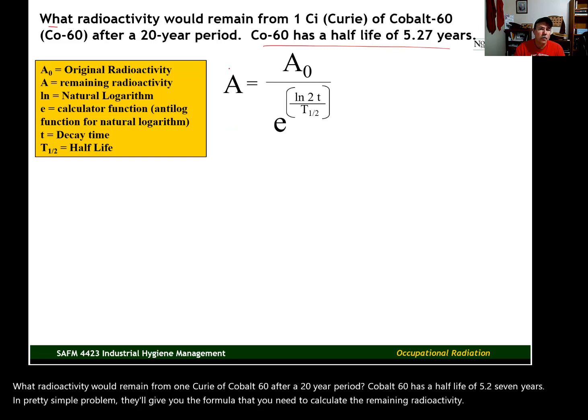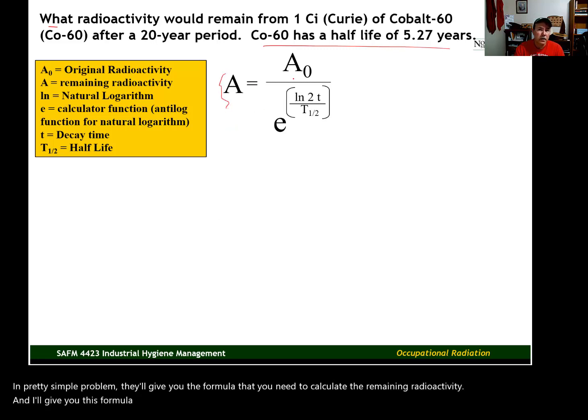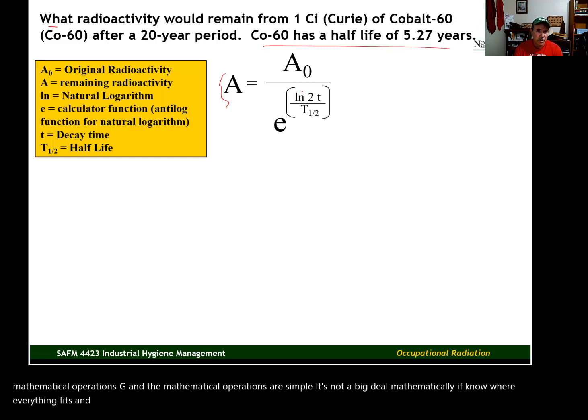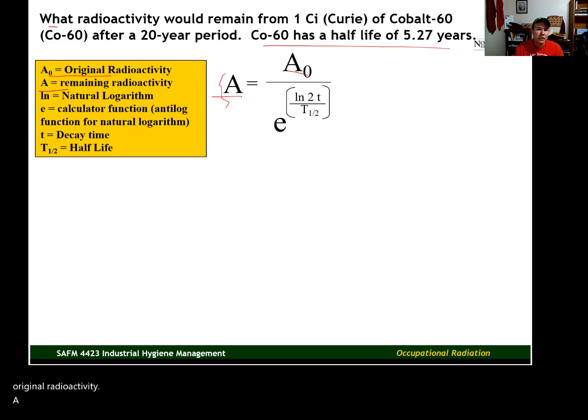You will need to know what the different variables represent and how to use the formula, the mathematical operations. Again, the mathematical operations are simple. It's not a big deal mathematically if you know where everything fits and the order of operations and which calculator key to hit. Let's talk about the different variables. A sub 0, this is the original radioactivity. A is what we're calculating, the remaining radioactivity after a period of time has passed.